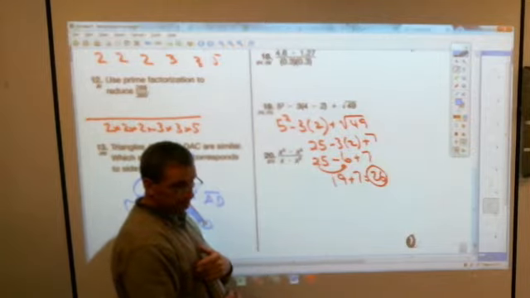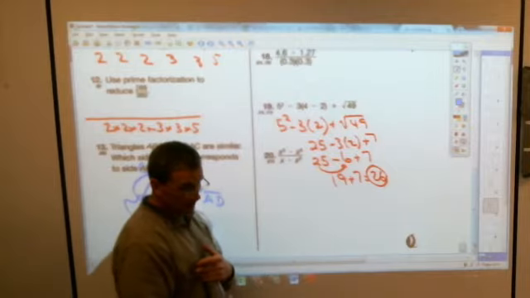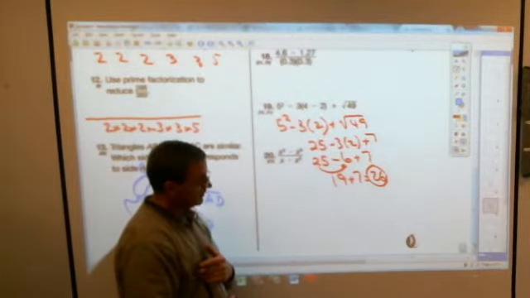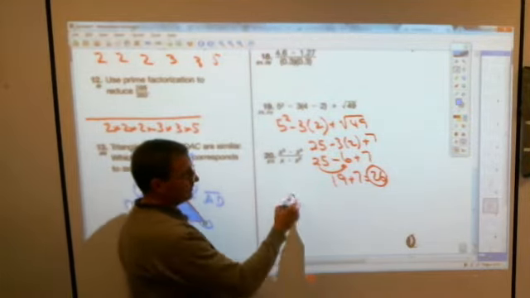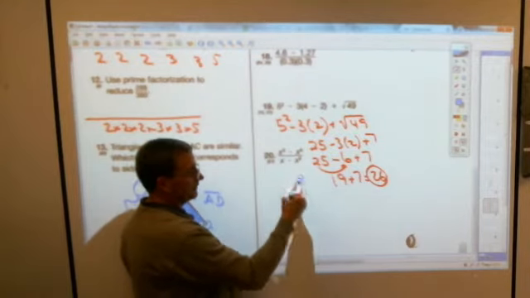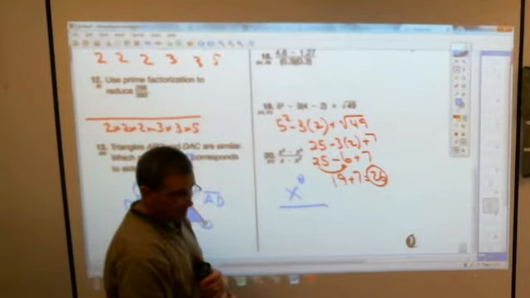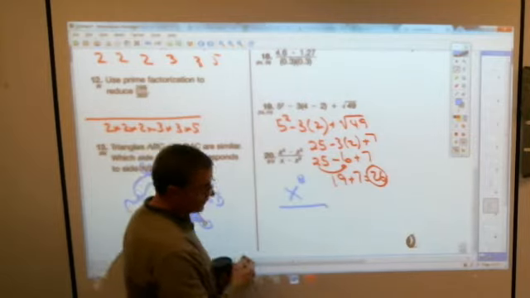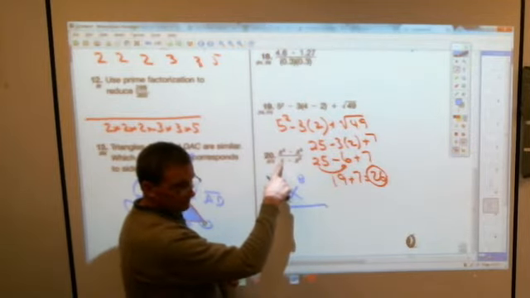Which gave you what? What'd you get when you multiplied those two? And that's what you should get. So on top you got x to the 8th power, correct? Yeah. And then on the bottom you got x to the what? How do you get 4? There's 2 there and only 1 there.